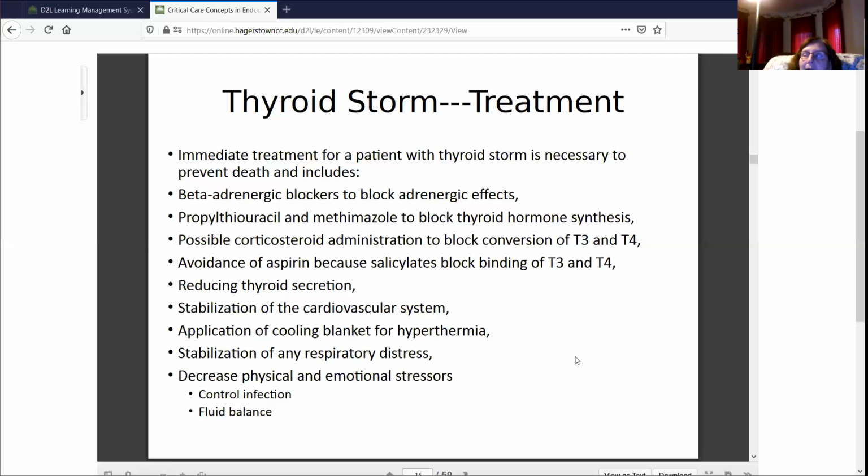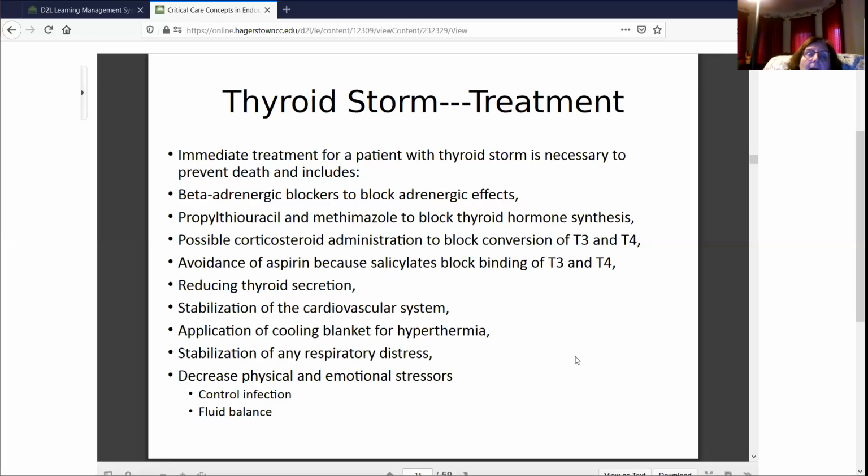Possible corticosteroid administration to block conversion of T3 and T4, because we don't want them converting because they're contributing to the hyperthyroidism. Avoidance of aspirin because salicylates block binding of T3 and T4.